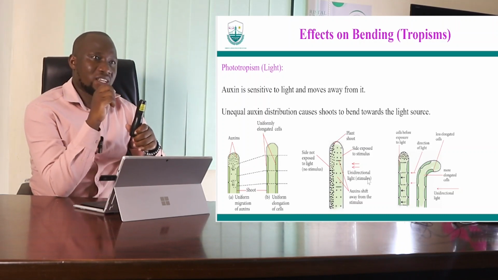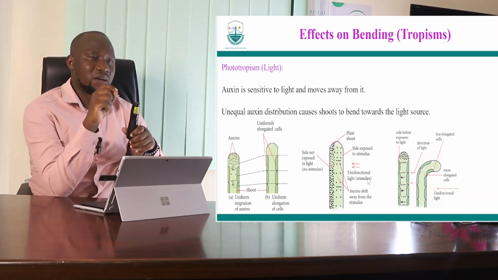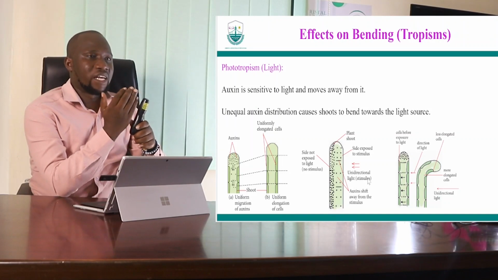So if you are asked to explain how phototropism happens in terms of auxins, you say that the auxins are sensitive to light.